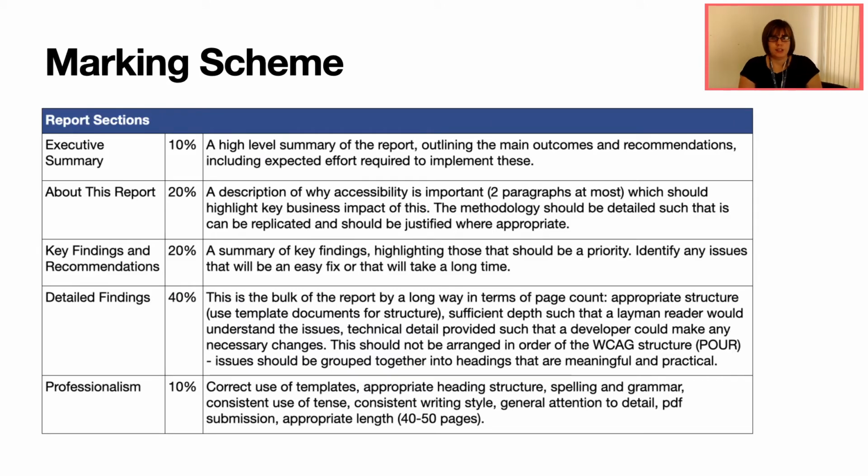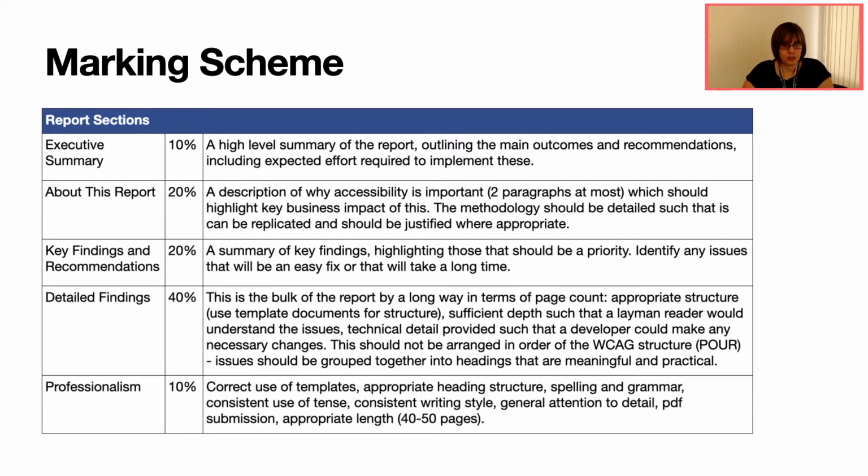So in summary, this is roughly what we're looking for. The executive summary is worth 10%, and that's a high-level summary of the report. There's a section on about this report, and that's your justification for accessibility, your methodology, making sure that can be replicated, justifying the decisions you've made about your methodology, and any limitations that your report has.